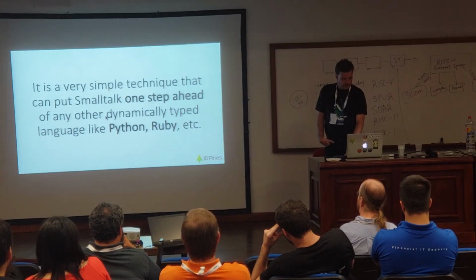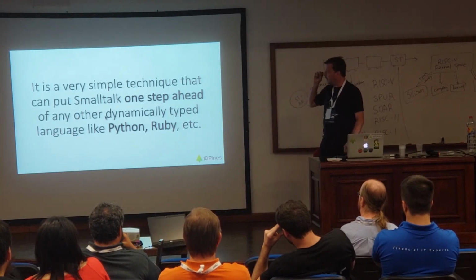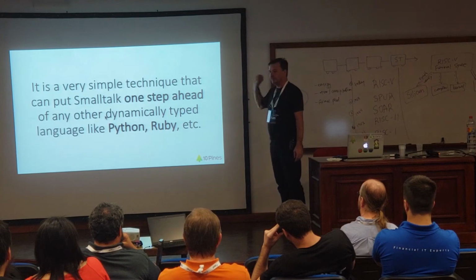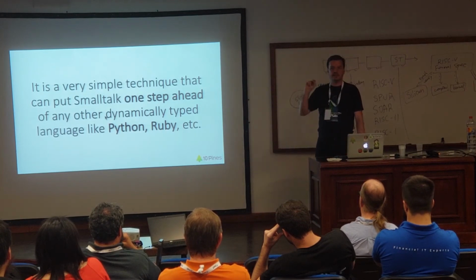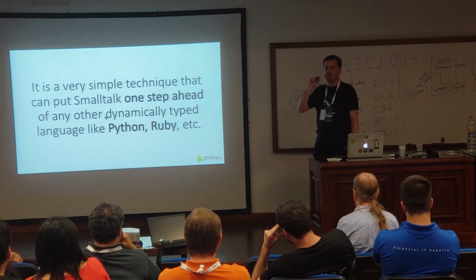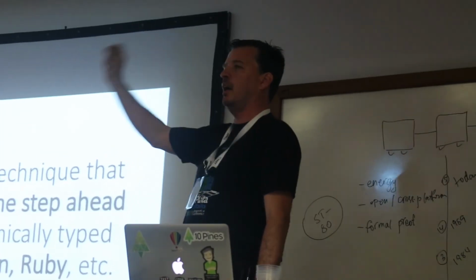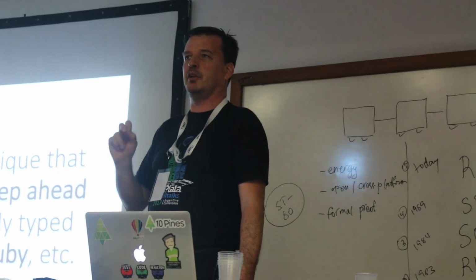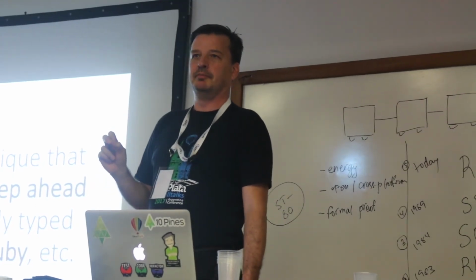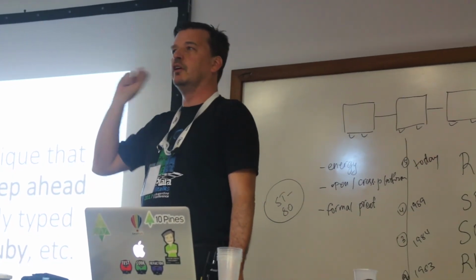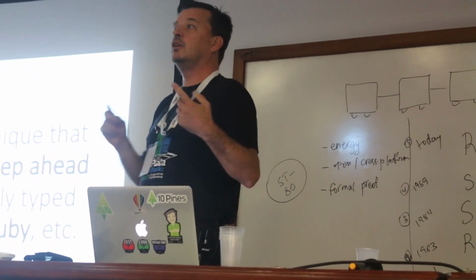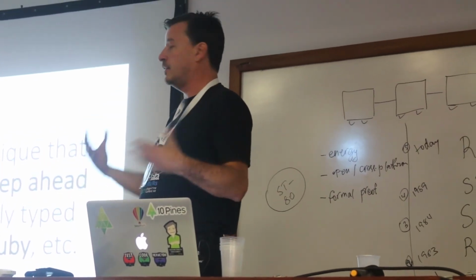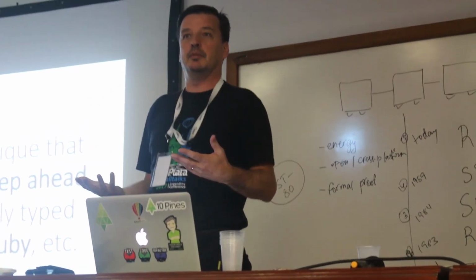Some conclusions. It's a very simple technique, and for me this is the most important conclusion. If we implement this in Smalltalk, this will put us one step ahead of any other dynamically typed language. It will not be the same as working with Python or Ruby, because they don't have the possibility to get that type information when they are programming.